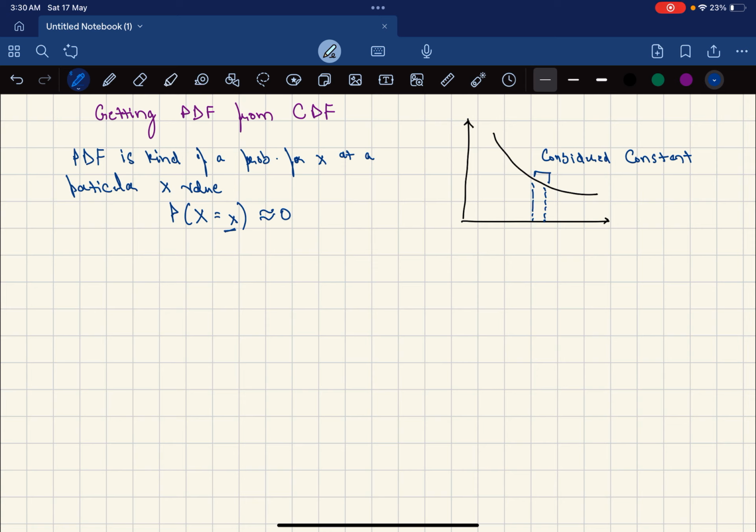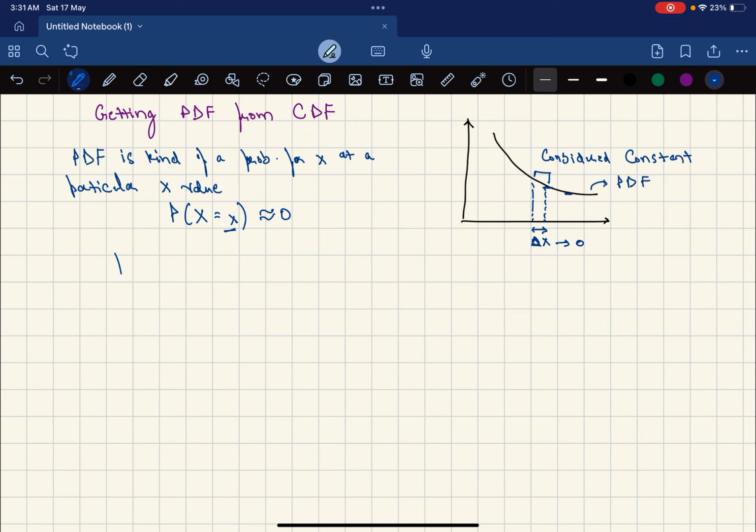If we see this particular curve, we'll see that at each value of x, the value of this PDF is actually changing. But if we keep on decreasing this small delta x and tend it to 0, making it very, very small, then for that particular small range, the value of the probability should be equal for different values of x. So we are looking at a very small part of this curve where the value is actually constant.